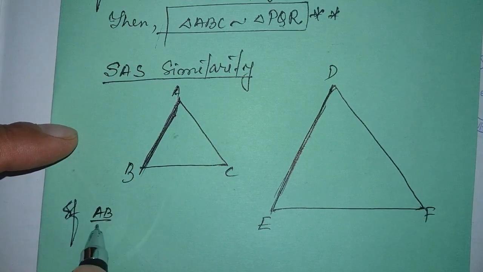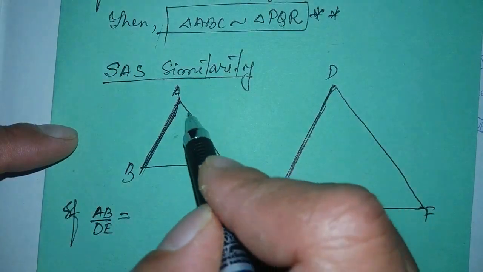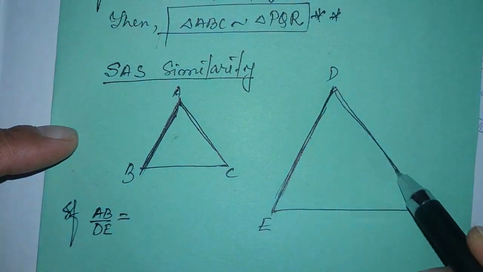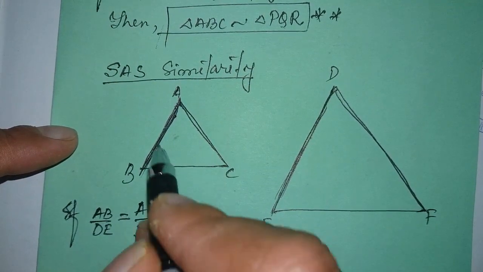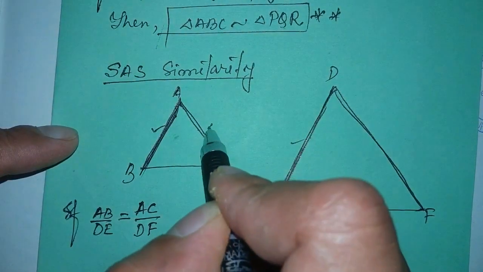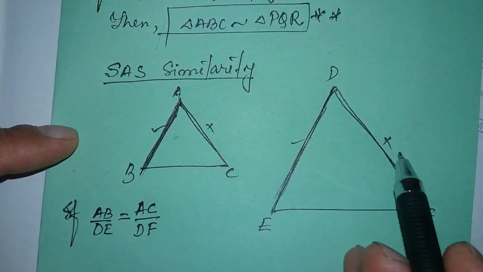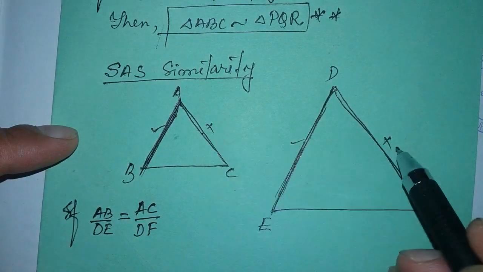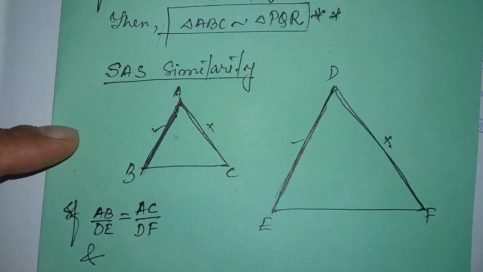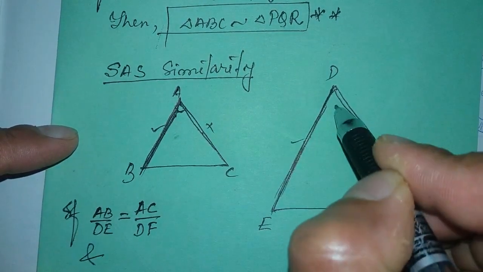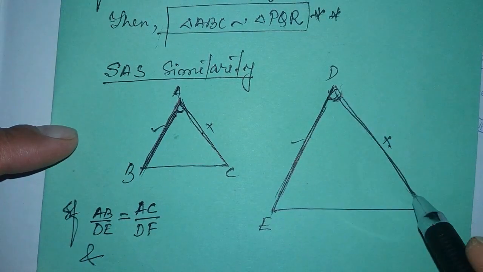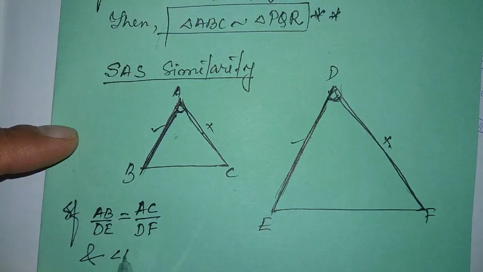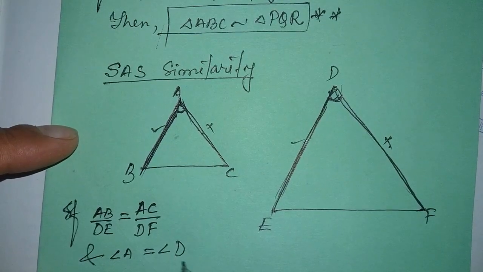If AB by DE is equal to AC by DF, that is, we're considering this and this, this and this, and moreover the included angle, that means the angle made by these two sides, if angle A is equal to angle D, then the two triangles are similar.